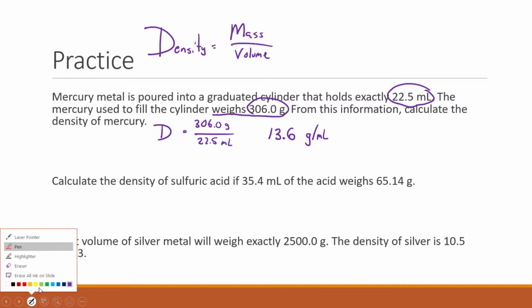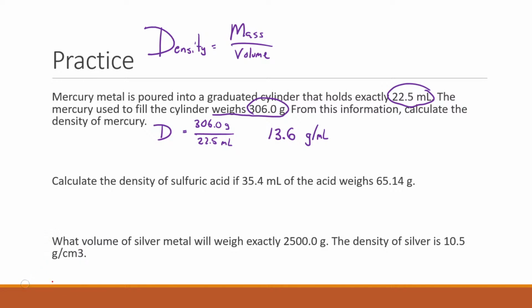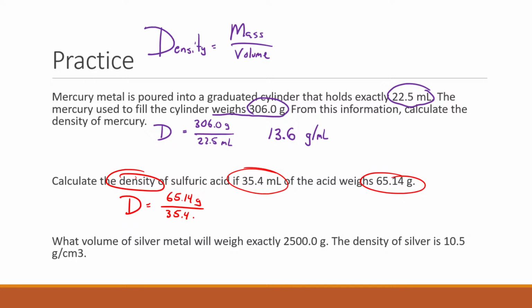Our second problem asks us to find the density, gives us a volume, gives us a mass, and so we're going to, again, find ourselves plugging things in the way we have been. We're going to get an answer here when we plug in.